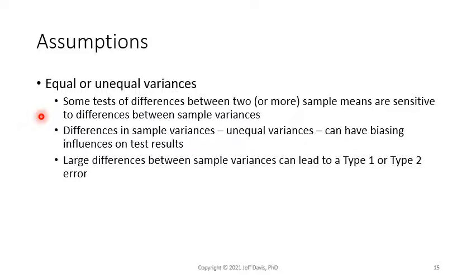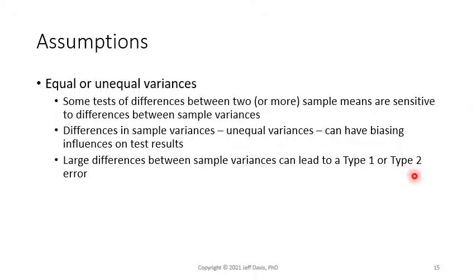All right, and it could lead us to commit either a type 1 error or a type 2 error. So remember, a type 1 error is when we reject the null, but the null is actually true. So we reject it as false, but the null is actually true.